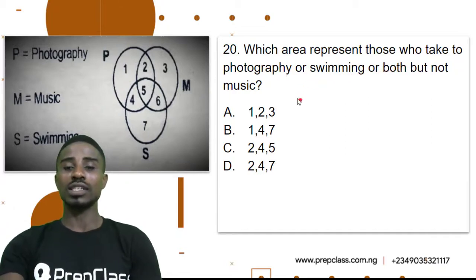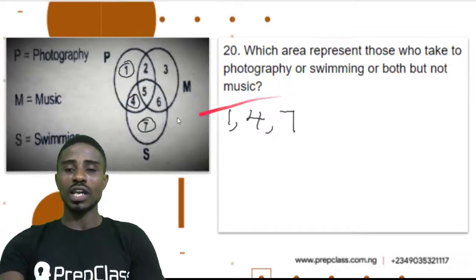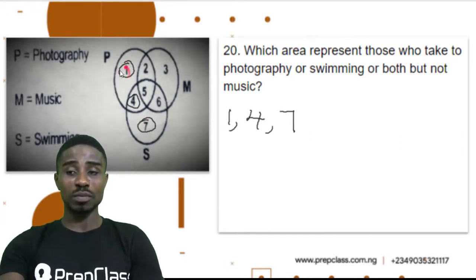This is how to get this question solved. We need to highlight those areas that have to do with photography. 1 has to do with photography. 7 has to do with swimming, and 4 has to do with both photography and swimming.